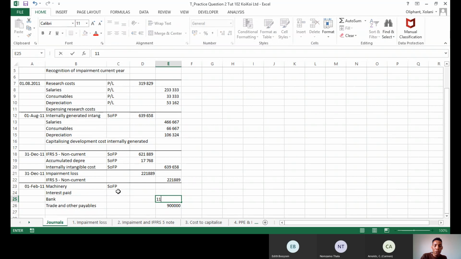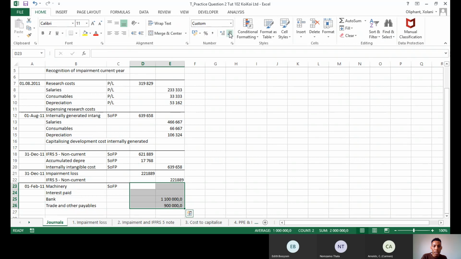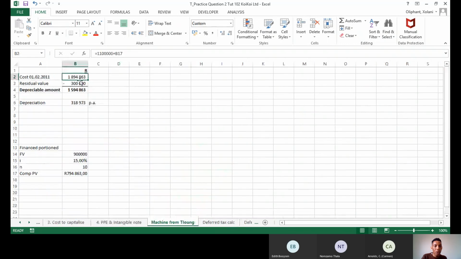So we paid the bank 1.1. Now remember, we already have this value here, we can get it from here. Is that 1894?